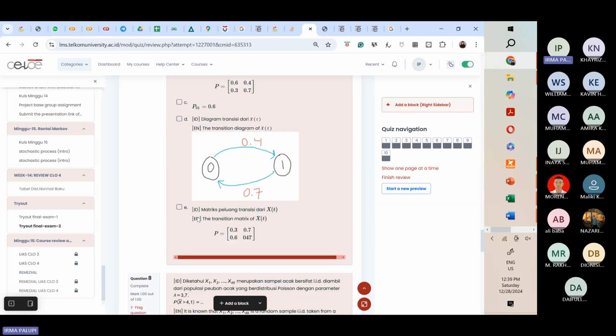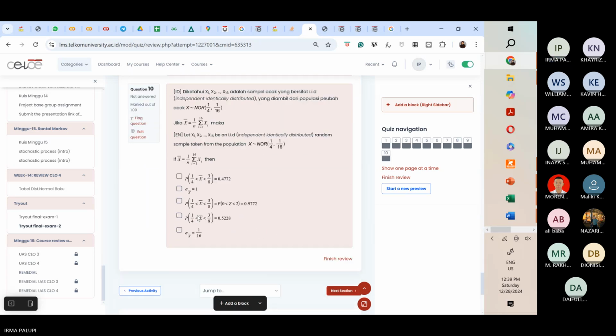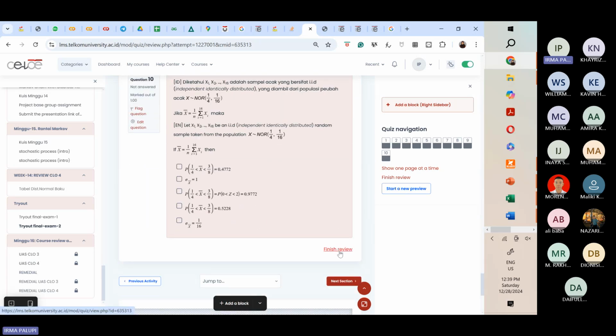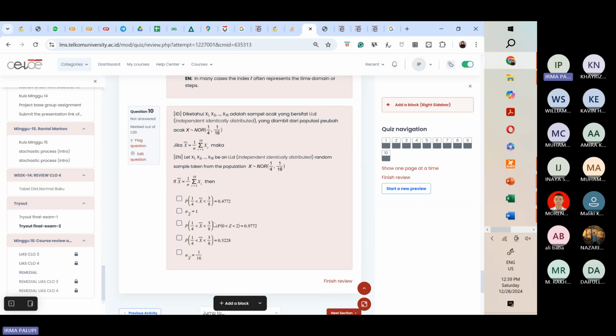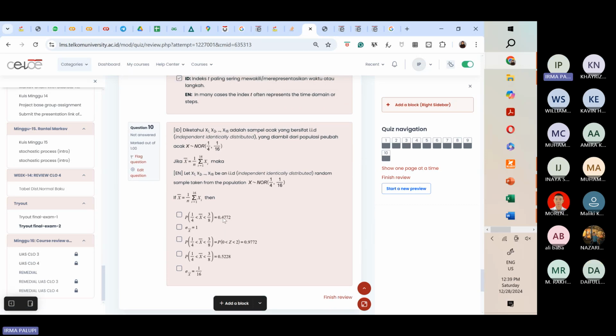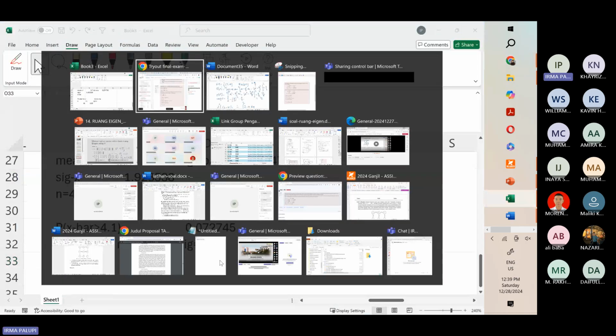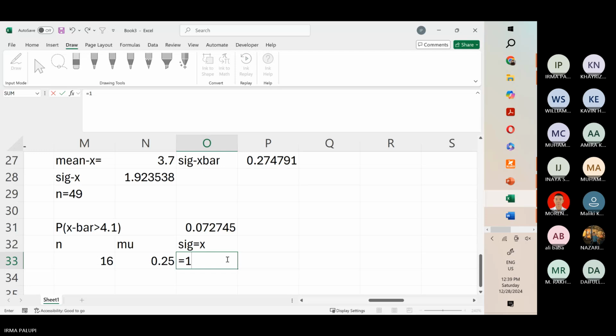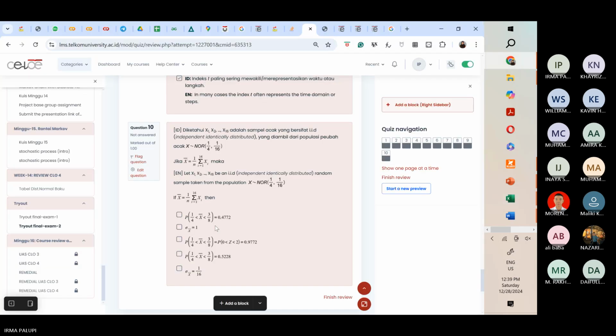Oh, nggak ada feedbacknya. Belum saya setting feedback. Let's try to solve this. Sigma-nya satu kali. Find this one.